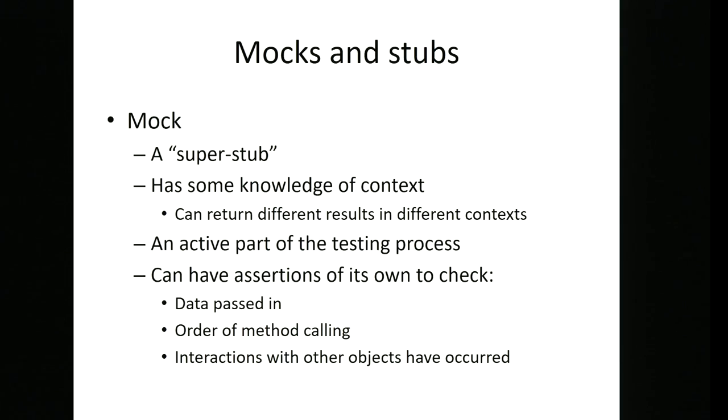An example of this might be, we talked earlier about how it's difficult to test private methods because they're not part of the public interface. So one thing a mock could do is, if you set up a mock against an object that you're testing, it could keep a note of which private methods within it are called.